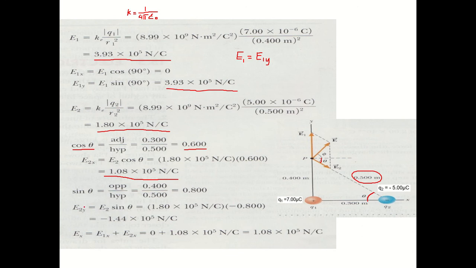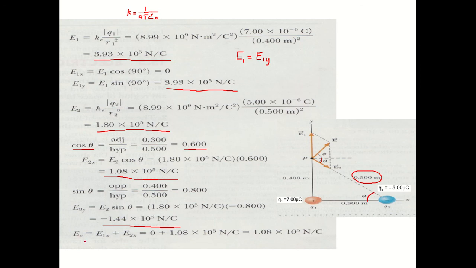So E sub 2y is equal to E sub 2 times sine of theta. We got E sub 2 already, multiplied by sine of theta, which is 0.8. So we got negative 1.44 times 10 to the 5 Newton per coulomb.